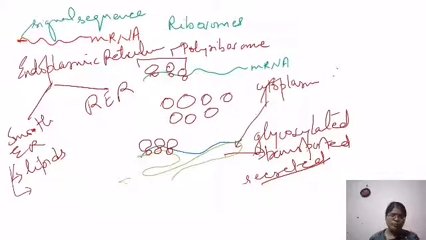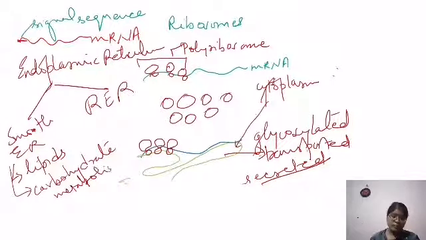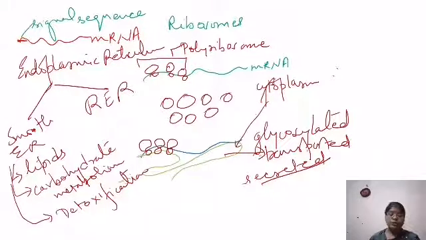Now, apart from lipid formation, smooth endoplasmic reticulum has a major role in carbohydrate metabolism. They also have a major role in detoxification. What is detoxification?